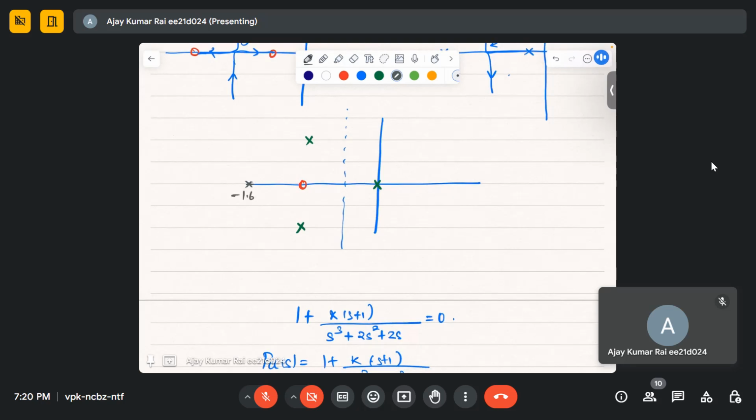This is minus 1.6 something. From the previous question we already concluded that the root locus does not exist in this portion. Let me just shade the portion. So here it does not exist.